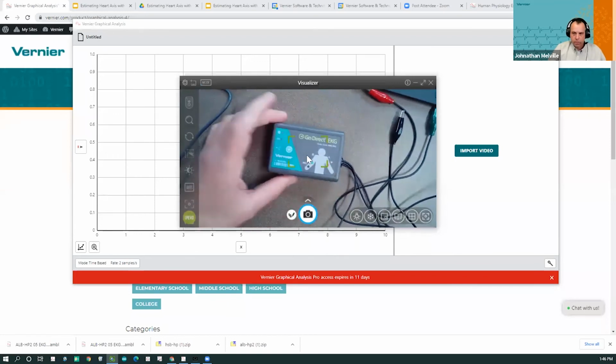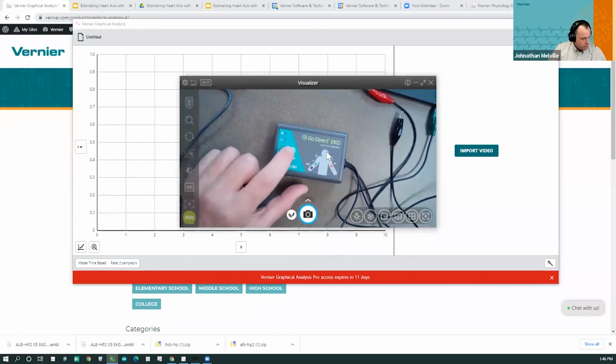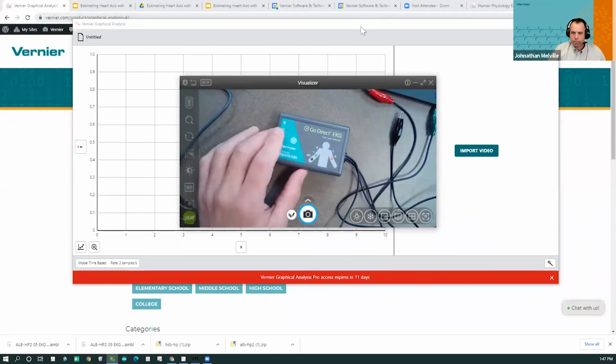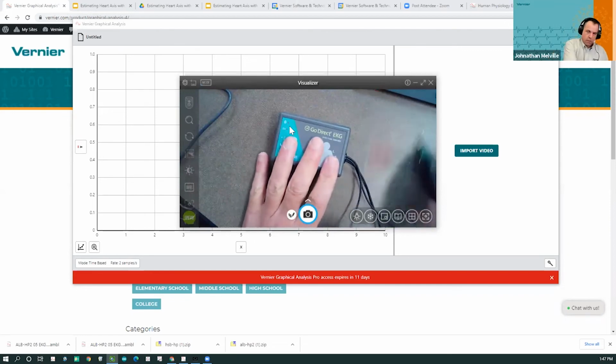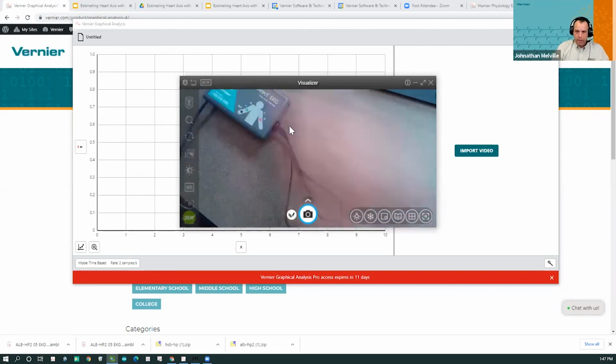So here is the Go Direct EKG. I'm going to press on this button right here. Now you should be able to see a little flashing icon. That flashing icon says the Bluetooth is actually broadcasting. So what I'm going to do now is I am going to connect the leads.